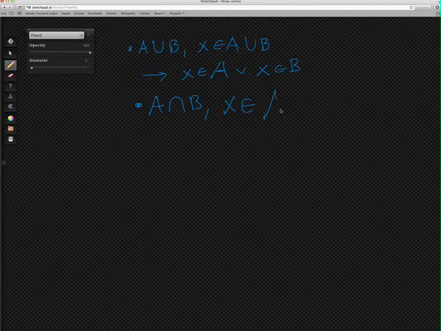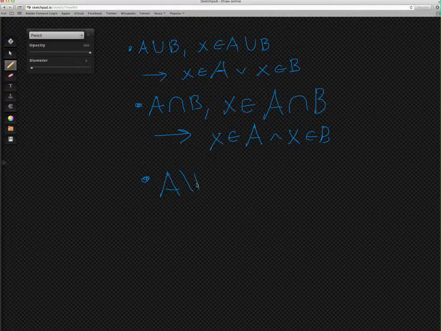So A and B are just sets here. This is a set of ducks, and this is a set of whatever else. So A intersect B means X is an element of A, and X is an element of B. Easy stuff, not very complicated.